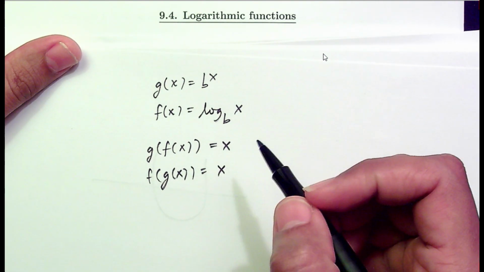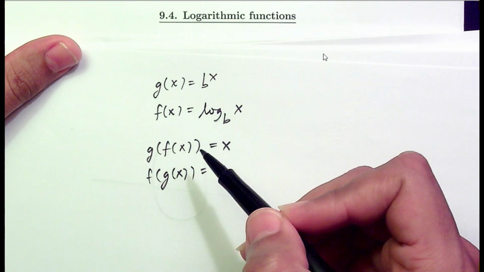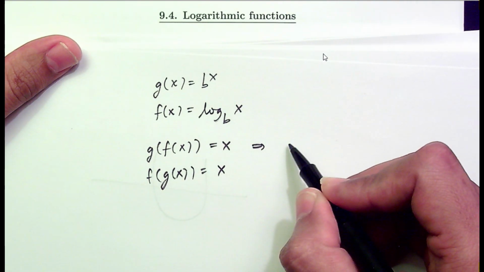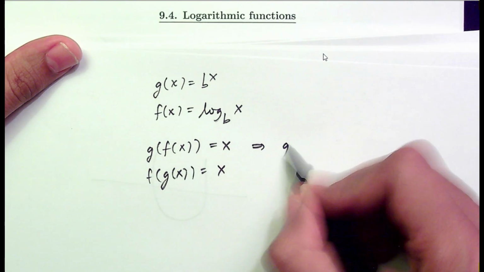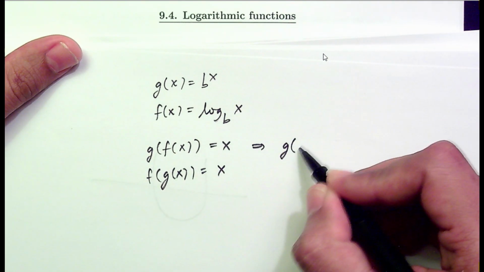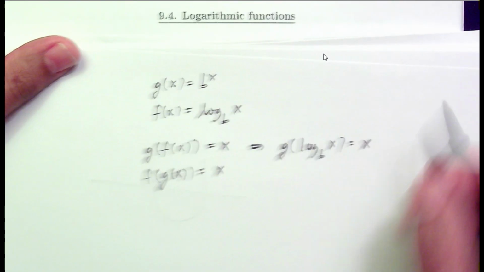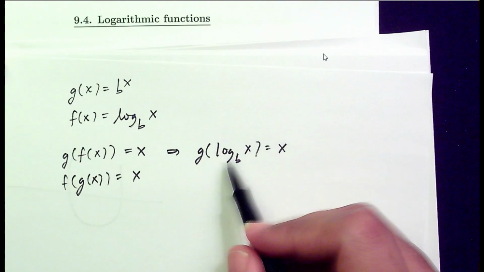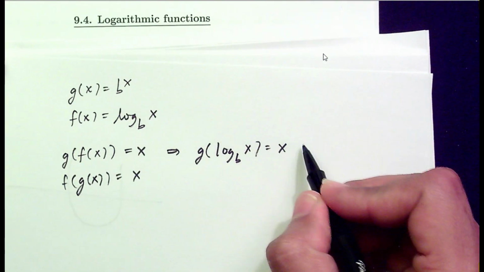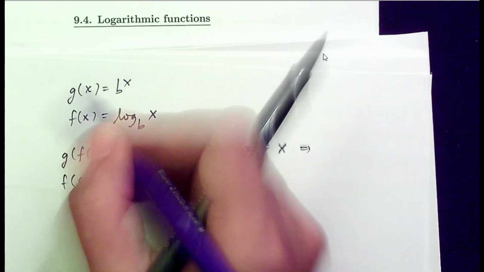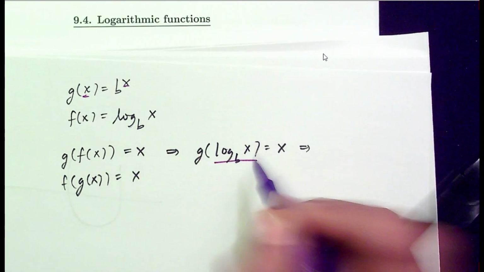Now, writing this out, what is f of x? f of x is this. So that means log base b of x. And then what is the formula for g? Here's the formula for g. In the formula for g, wherever I see x, I'm going to replace it with this.